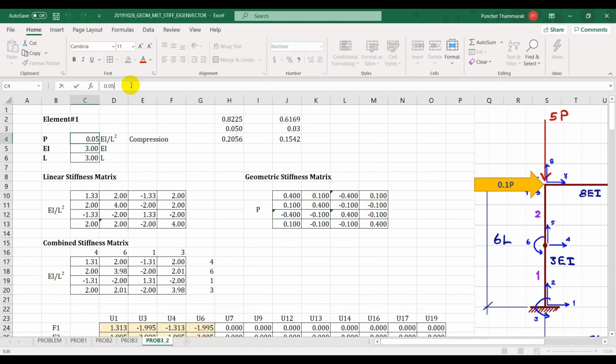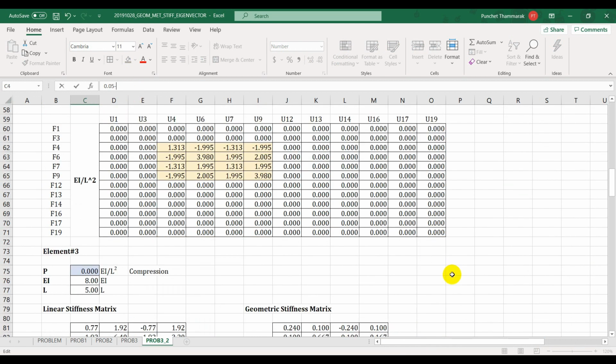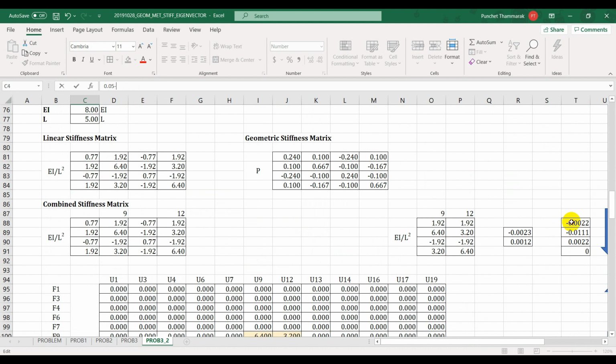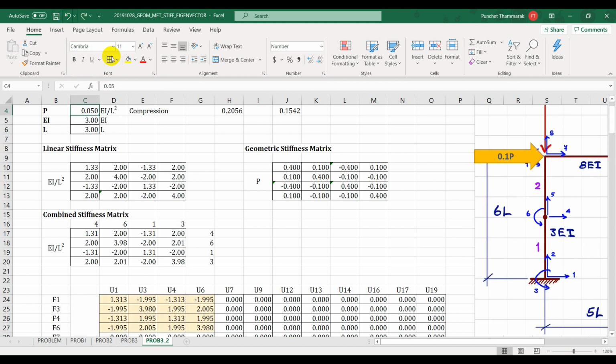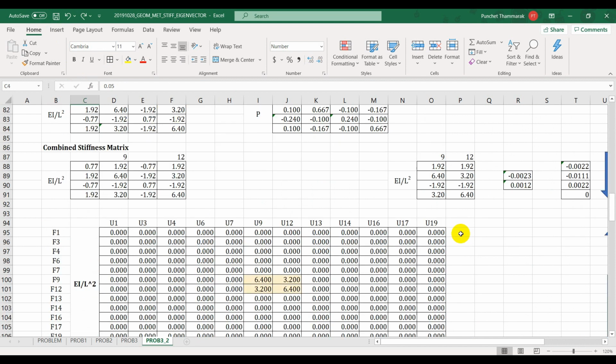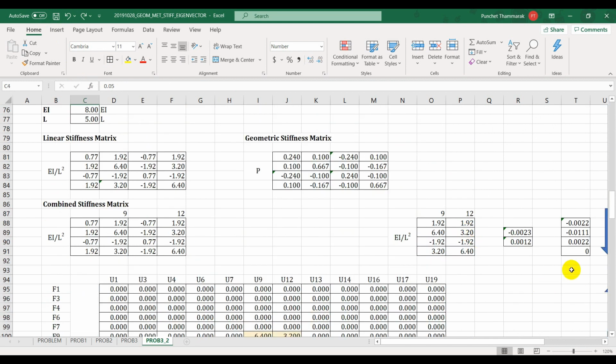So this one, and then minus... I have to manually add this to that cell that we input.